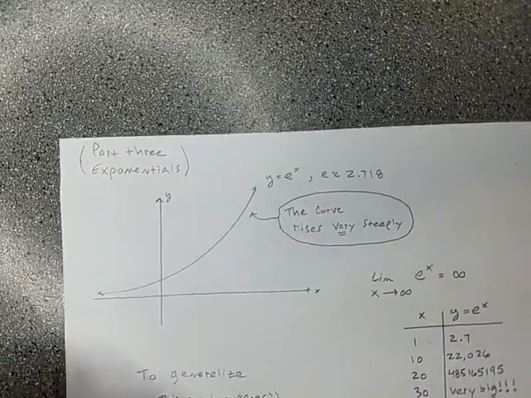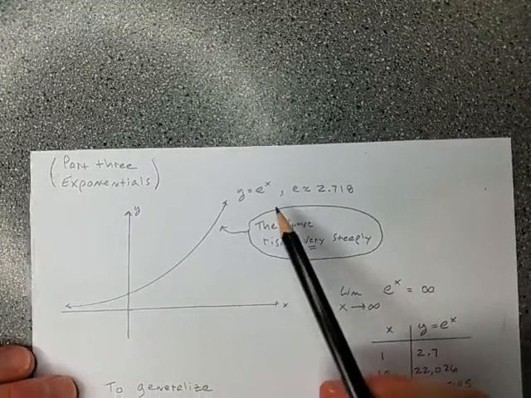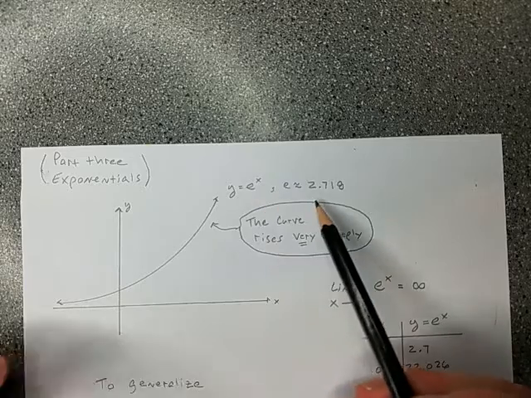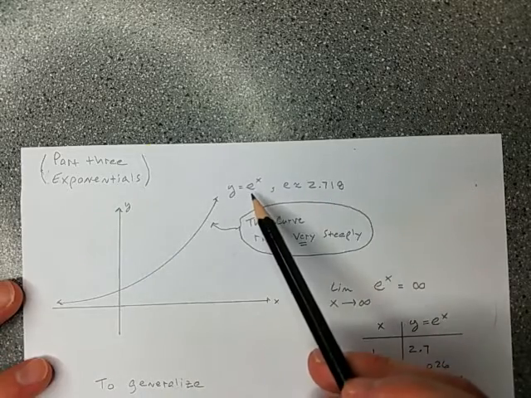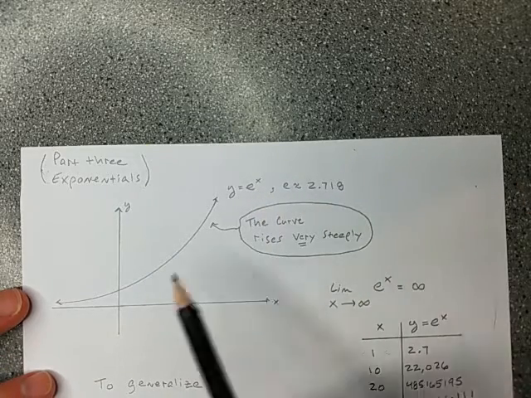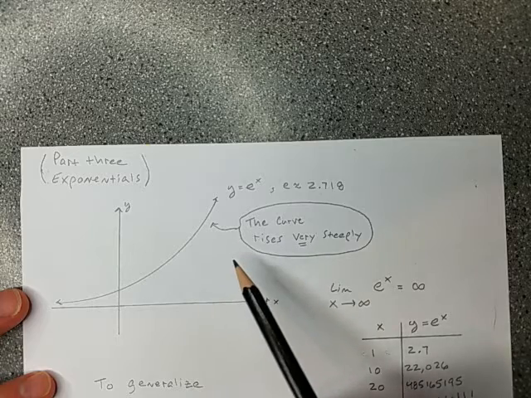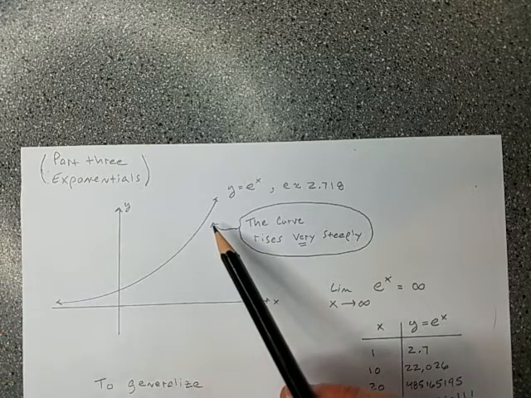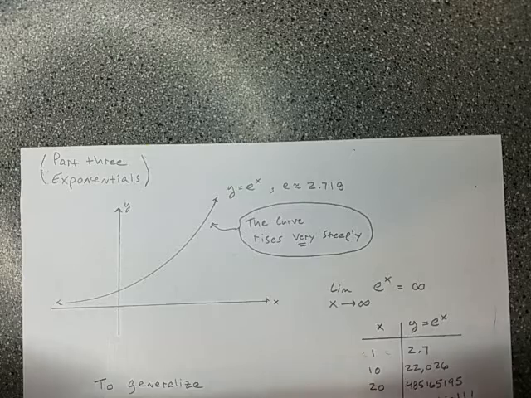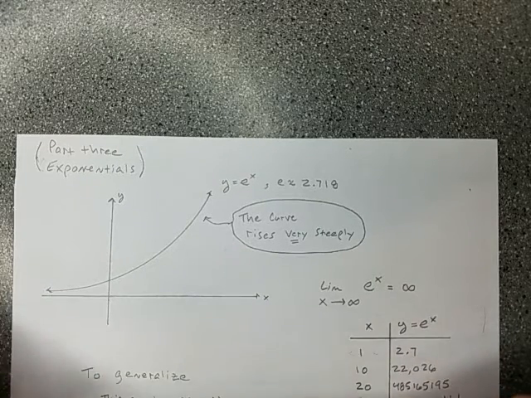Speaking of that, let's do an exponential. So y is equal to e to the x power. e is about 2.718. It's an actual number. This curve, unlike the natural logarithm curve, rises extremely steeply. Maybe you've heard of exponential growth, especially in recent times.